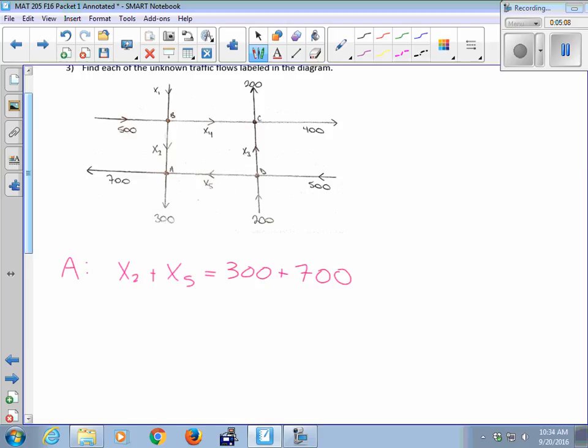At intersection B, my flow in is a 500 and an X1. And my flow out is X2 and X4. Intersection C, coming in is X3 and X4. And flowing out is 200 and 400.